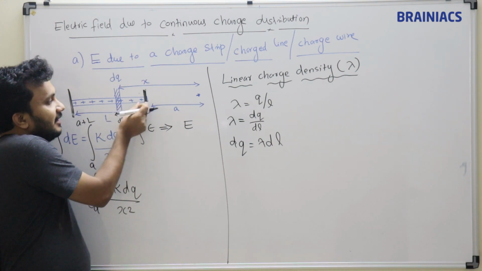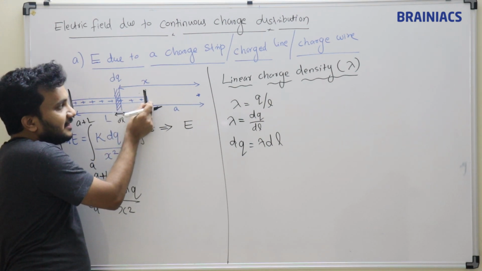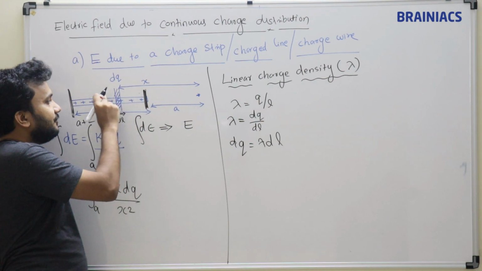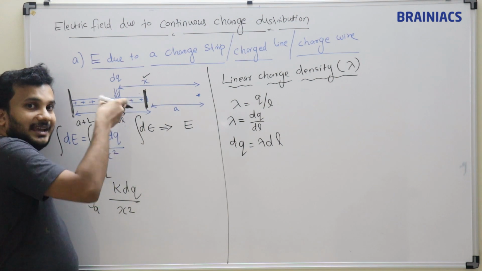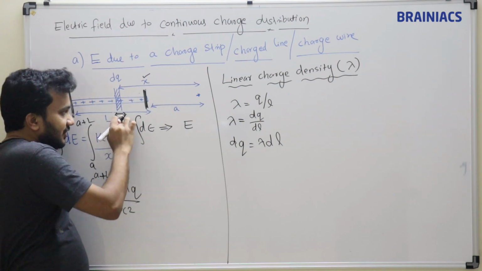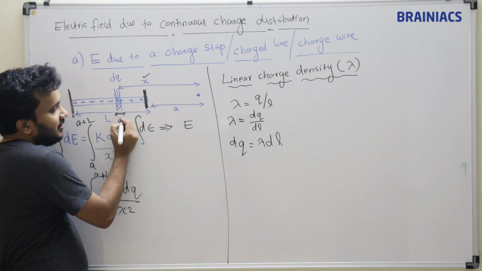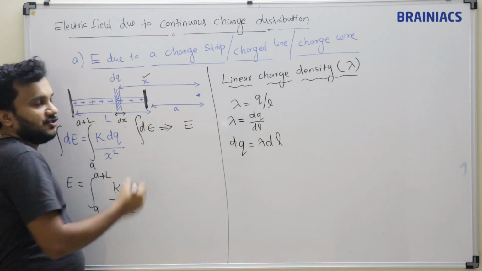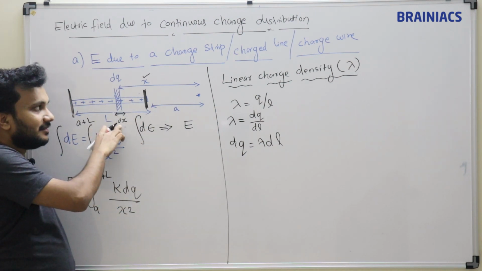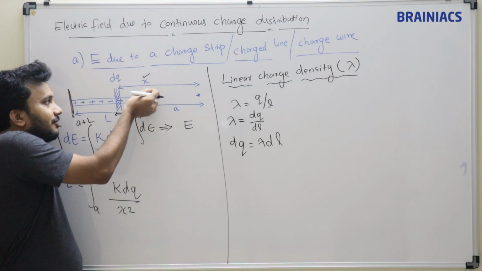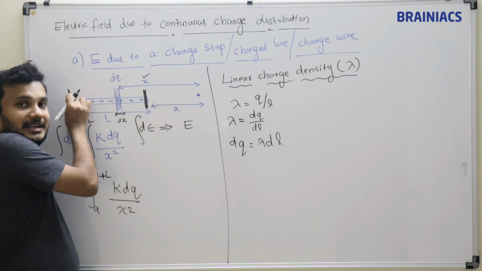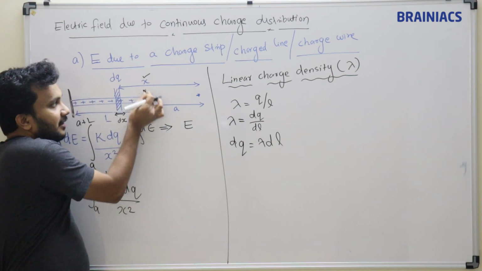But here I am going from the right side towards the left, so what is actually changing? x is changing, which means dl is not changing; we can say dx is changing. So dl in this case is replaced with dx, because x is moving from the right-hand side towards the left-hand side.